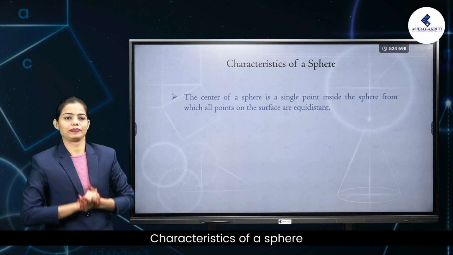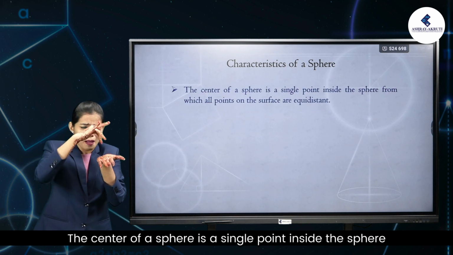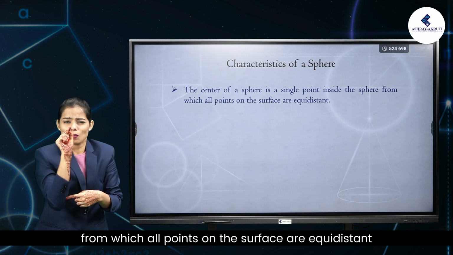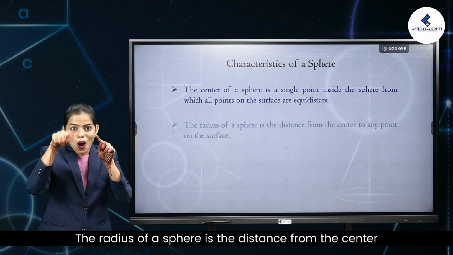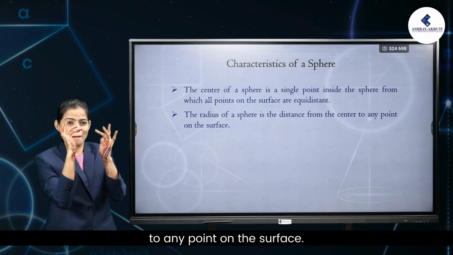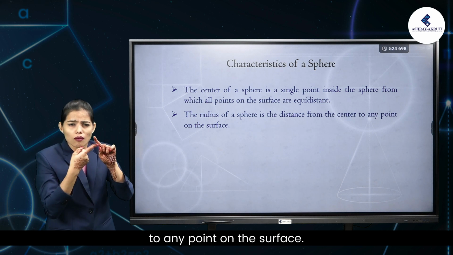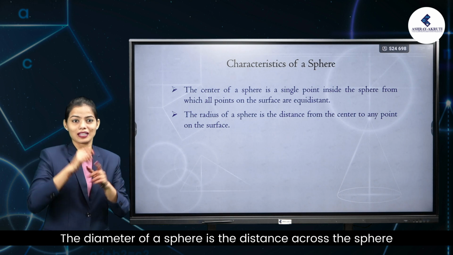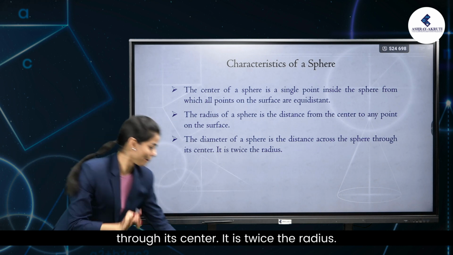Characteristics of a sphere. The center of a sphere is a single point inside the sphere from which all points on the surface are equidistant. The radius of a sphere is the distance from the center to any point on the surface. The diameter of a sphere is the distance across the sphere through its center.